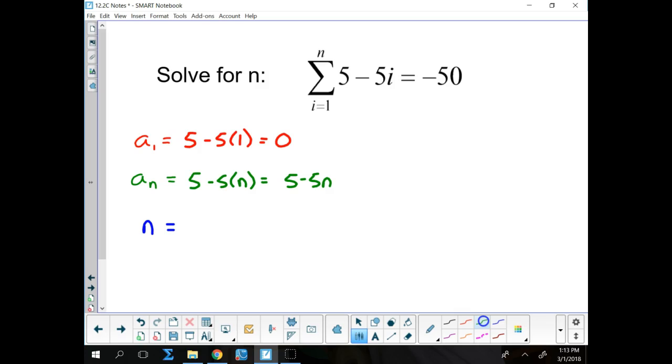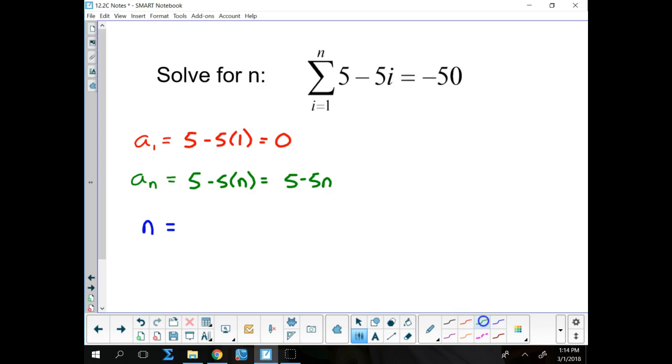It's in there. How do I find it? Look at your notes. Say it loud. End minus start plus 1.